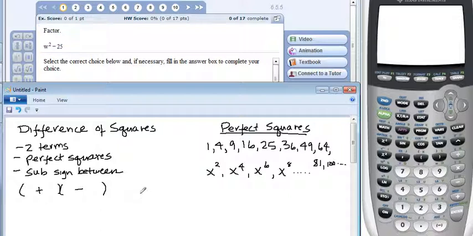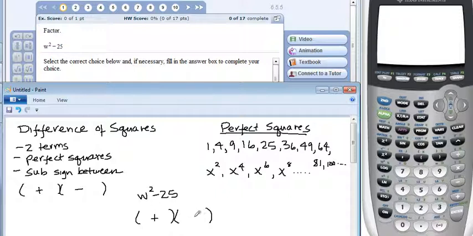So let's start out with this one. First of all, we have to verify that it is a difference of squares. Perfect square. Perfect square. Yep, I've got my 25 here, I've got my w squared there. So I've got 2 perfect squares. Okay, I've got exactly 2 terms, and I have a subtraction sign between them. Then I can break it apart into 2 binomials.